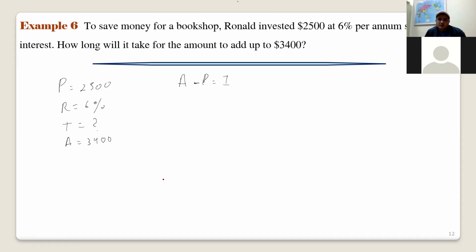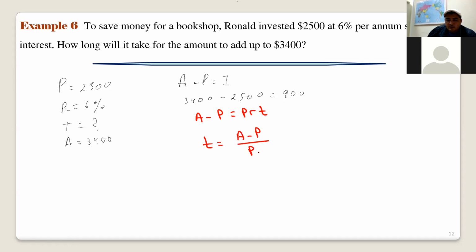So A minus P equals I. Actually, instead of I, if you write the whole thing, what is I? It's PRT, right? So from here, T equals (A minus P) over PR.